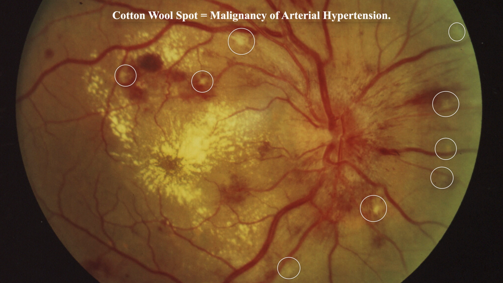Remember that the cotton wool spot represents the ocular marker of the malignancy of arterial hypertension. When the cotton wool spot appears, the parenchyma of the target organs of hypertension, brain, heart, kidney, is suffering severe damage.